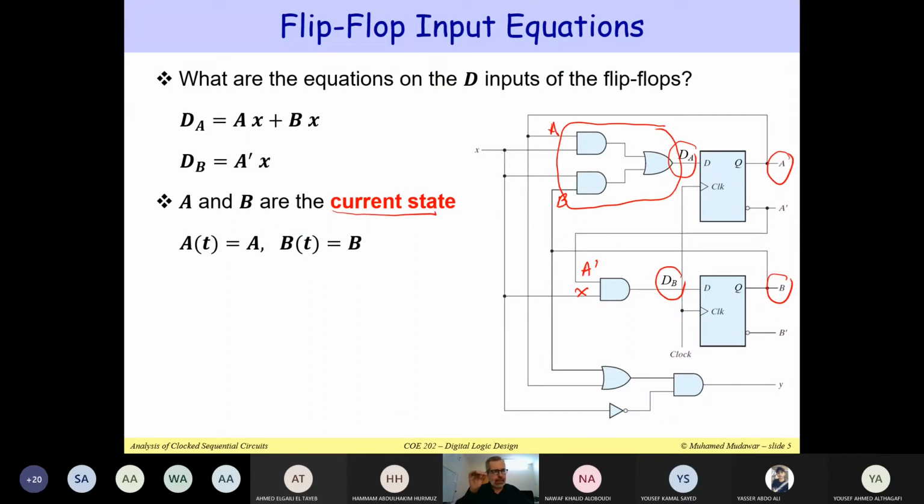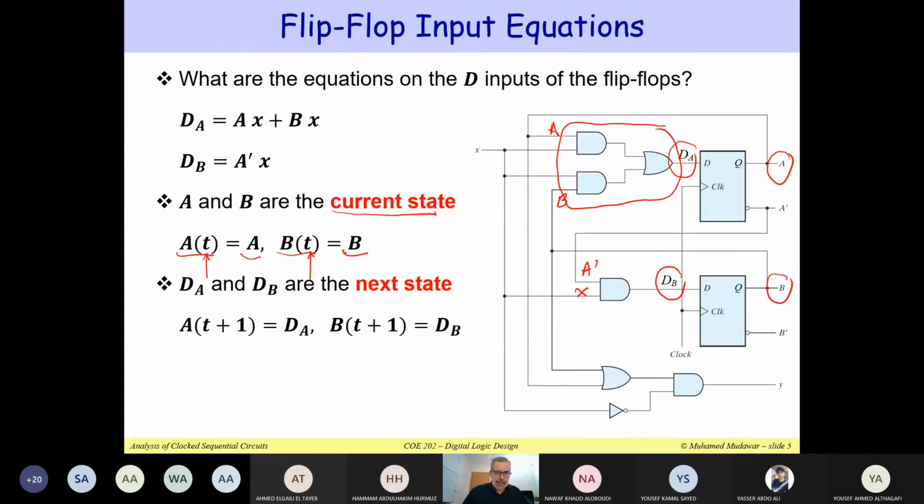This is the state now at time t. So A at time t is simply the output A, and B at time t is simply B. Here t means now, during this clock cycle. Whereas the next state will be A at t plus 1 and B at t plus 1. This will happen after the rising edge of the clock.